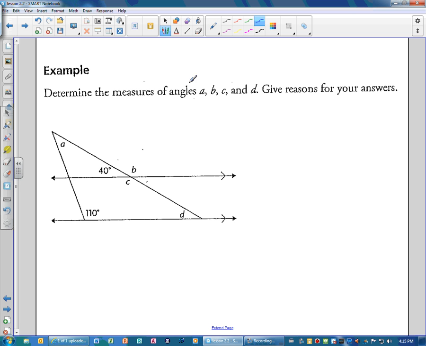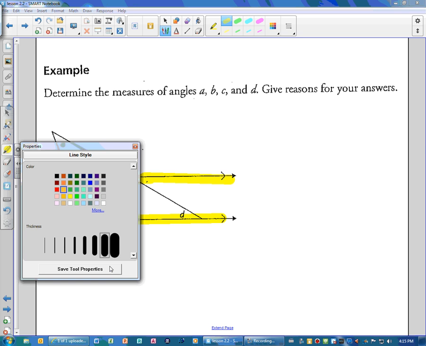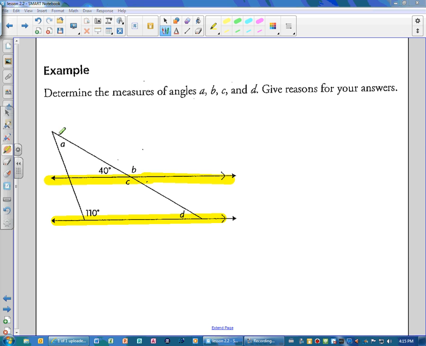Remember, sometimes it helps to highlight. So I'm going to highlight the two parallel lines. This and that are parallel, cut by a transversal. There's the transversal. So if it's two parallel lines cut by a transversal, and this is 40 degrees right here, that has to be 40 degrees.